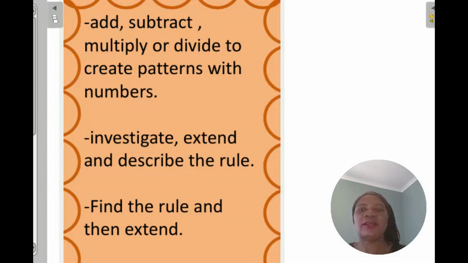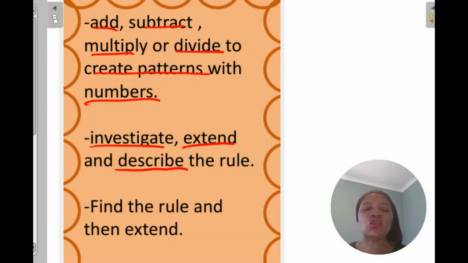Let's see. So we will be doing the 4 operations: add, subtract, multiply, divide, to create the pattern. We create different patterns using the 4 operations. We will be expected to investigate and extend, and you must also be able to describe the rule.